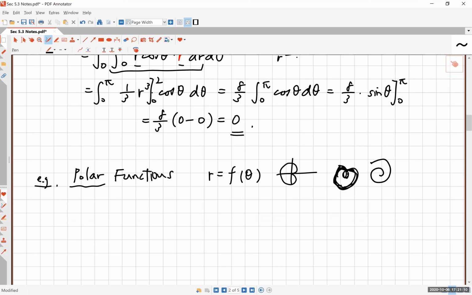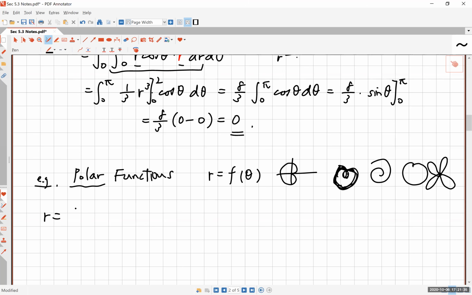Sometimes you have spirals. Sometimes you have these things that look like this, and this is also a cardioid. You also had these leaves, maybe 4 of these, or maybe 12 of these, or 2 of these, right? These are called petals, or roses. Sometimes you have a 4-leaf rose here, and all of these could happen. Let me give you an example here.